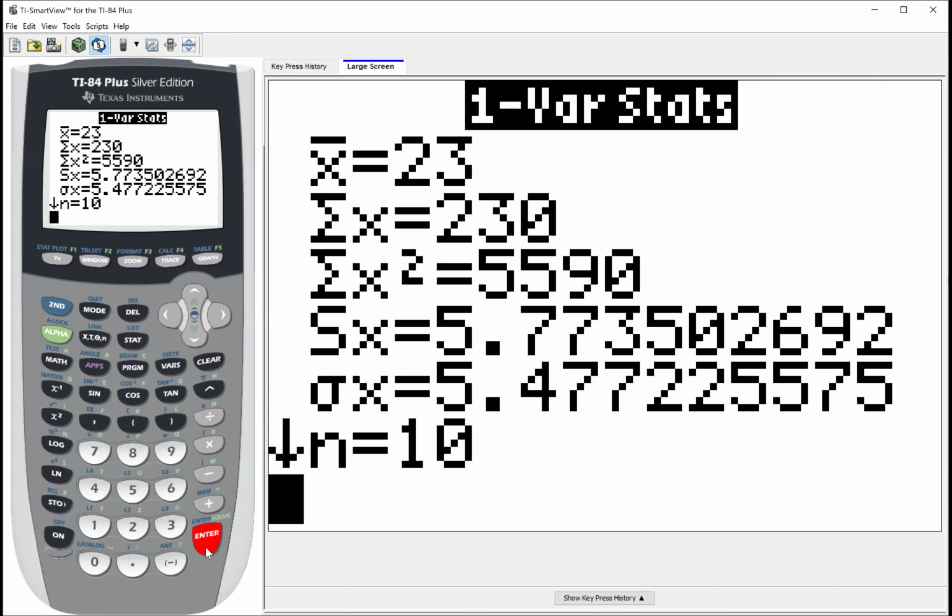And we get a population mean equal to 23. Remember, it gives us the sample mean, but we're assuming this is the population. And now we need the population standard deviation, which is sigma, and the calculator uses sigma with a little x next to it. So that's 5.48 if we go two places.